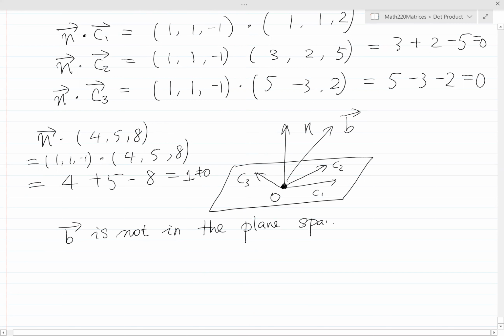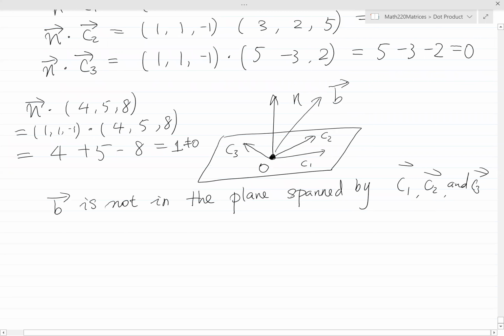Not in the plane spanned by C1, C2, and C3. Actually, it suffices to use only two of them to span this plane, because the three are coplanar.